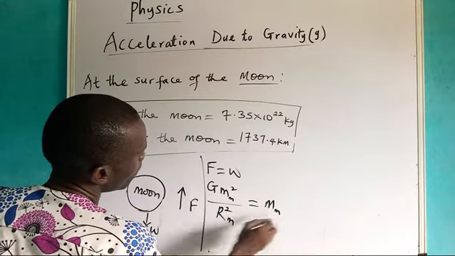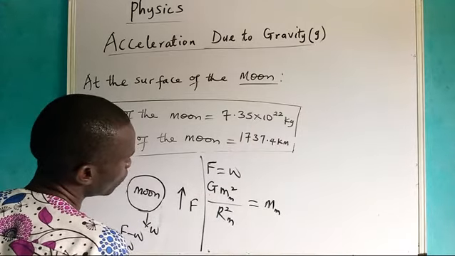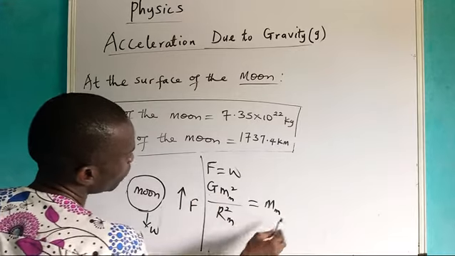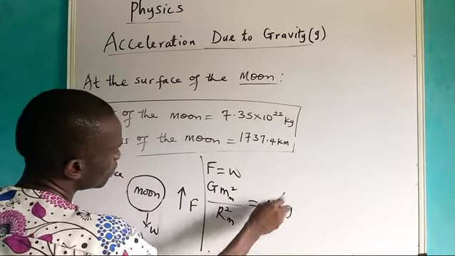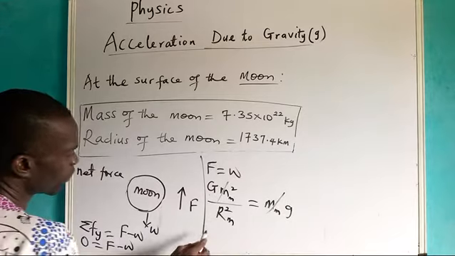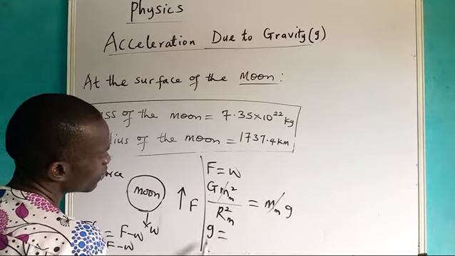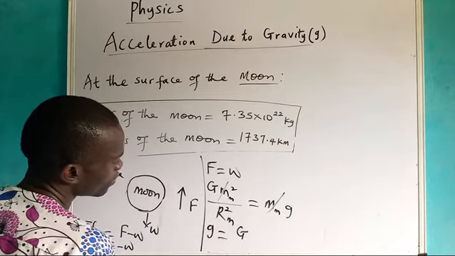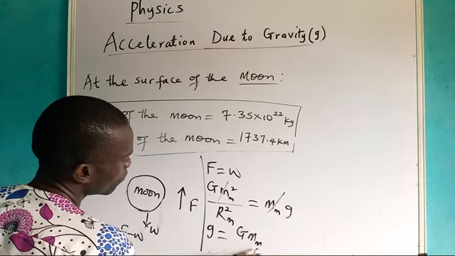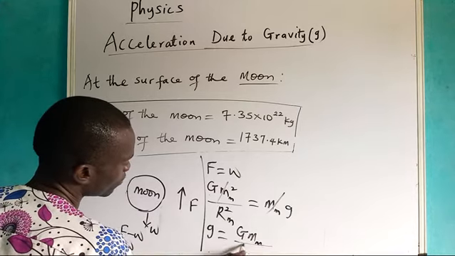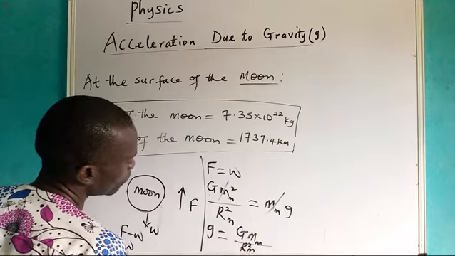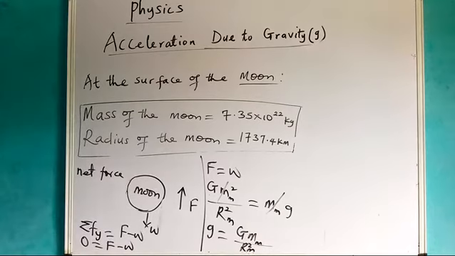It becomes m times g, where m is the mass of the object. So the m cancels out, and we are going to have g equal to the gravitational constant G times the mass of the moon, all over the square of the radius of the moon.